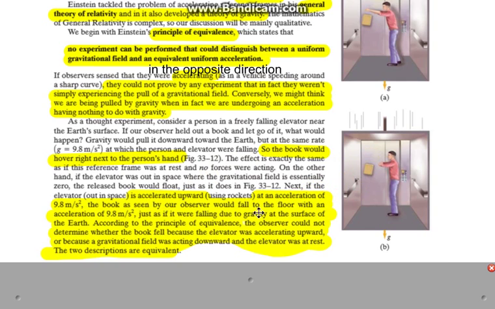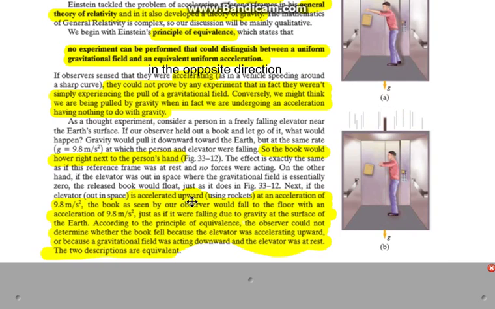But if the elevator was out in space and we pulled it upwards, of course, everything here wants to stay at rest. Therefore, if you move the elevator up, you end up being pushed on the floor if you're accelerating upwards.